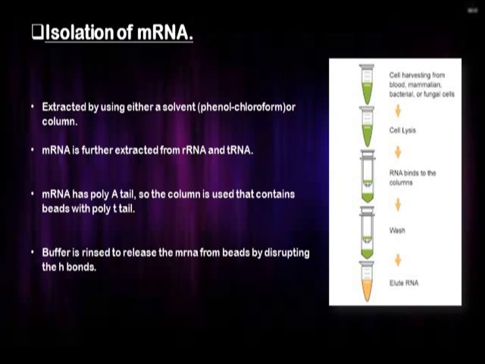Column chromatography is where we lyse the cell, the RNA binds to the column, and then we wash the column and then we elute the RNA.